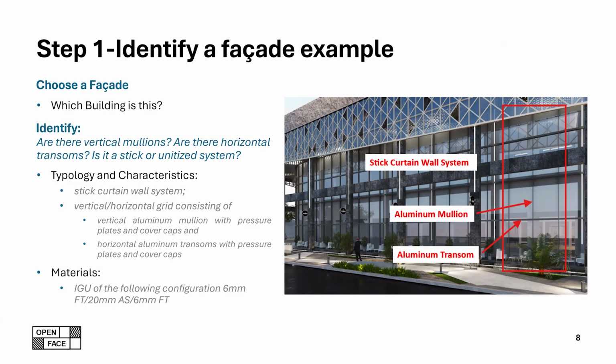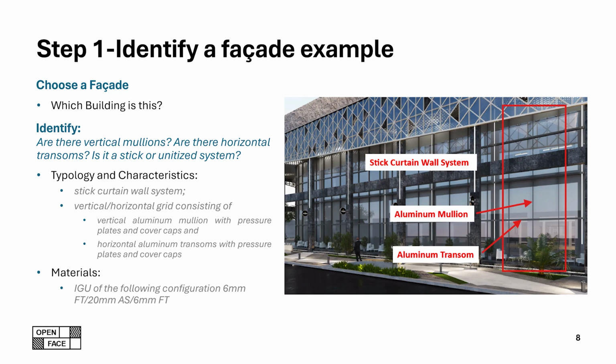The type of facade is correctly mentioned as a stick curtain wall, and the mullions and transoms are nicely labeled. A small improvement for this assignment would be to also mention which building this is, and maybe annotate the image a bit more to highlight these elements that are important and crucial for the load paths.